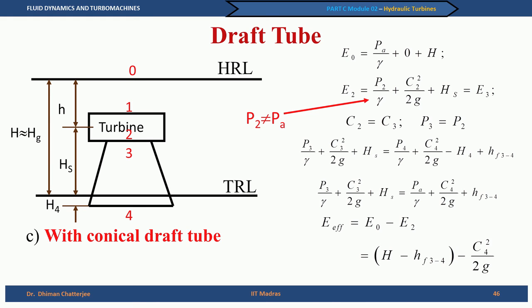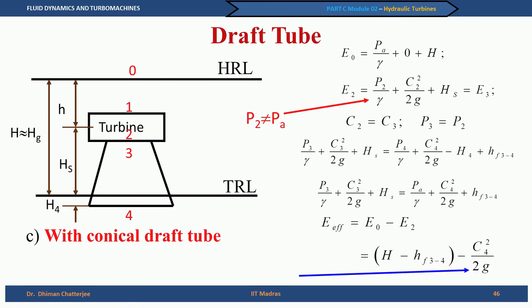What we have achieved is the exit kinetic energy loss has been reduced. So, now you see in this case the effective energy that is available across the turbine from the fluid has increased, and if we assume that the turbine efficiency remains constant, that means the power output will be more.